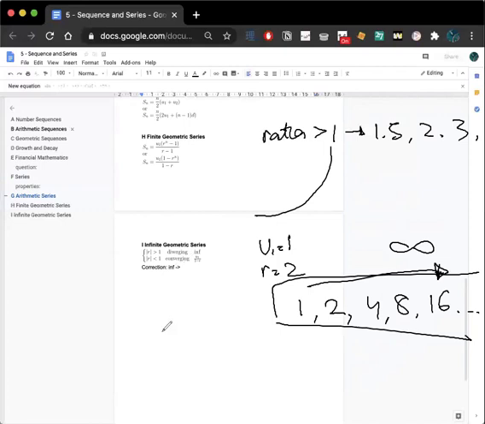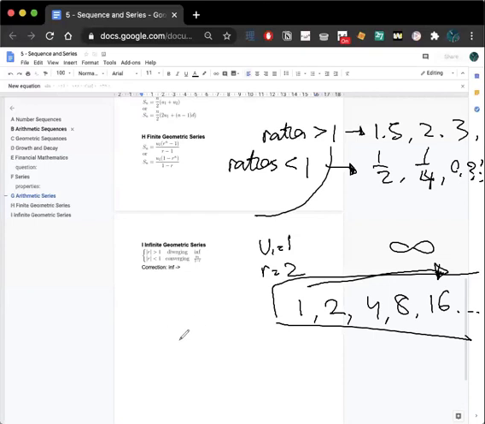However, there are also ratios that are less than 1, like fractions such as 1 over 2, 1 over 4, or 0.something. What happens is that the sum slowly converges to a certain amount.